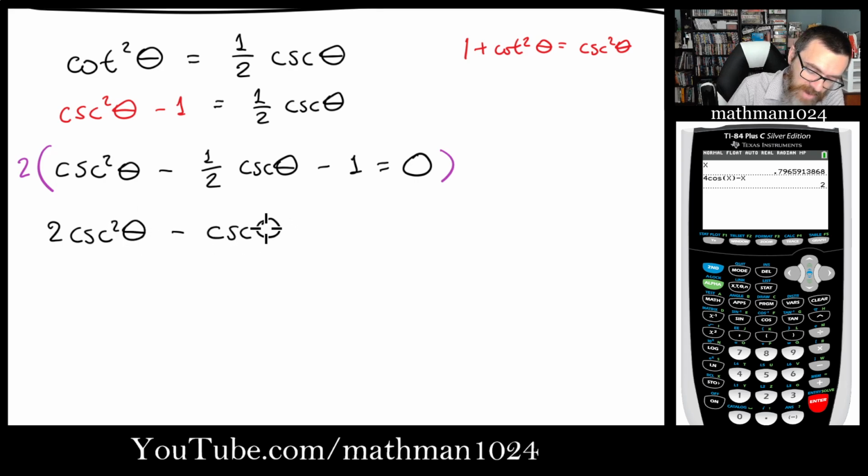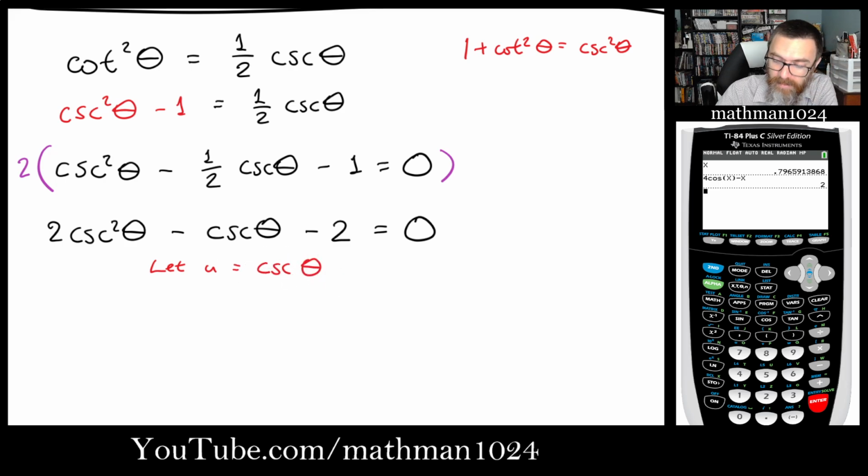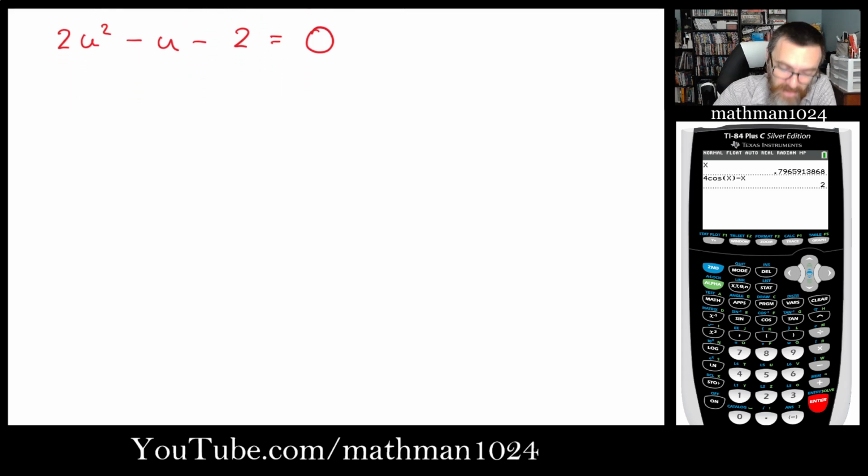So now you don't have that fraction for a coefficient, and everything looks just swell. I think it is in our best interest to do a u substitution here. So let's let u equal the cosecant of theta, which turns this into 2u squared minus u minus 2 equals 0. So now this is the guy that I want to solve.